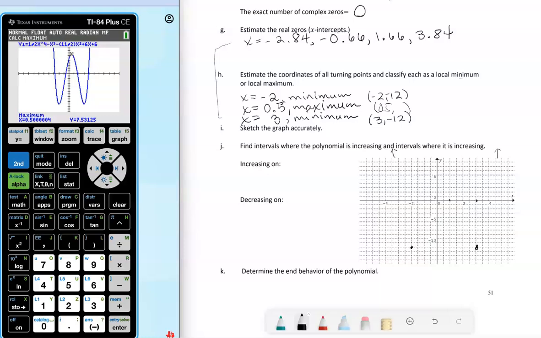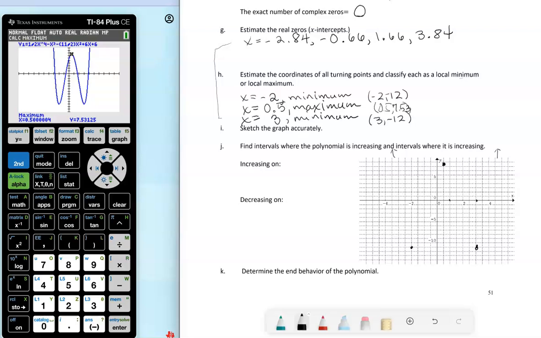So my maximum is at 0.5 and roughly 7.53. So 0.5, that's 1/2, is right here. And 7.53 is roughly 7.5. It's 5, 6, 7, about right here.